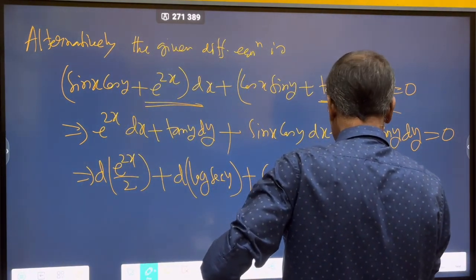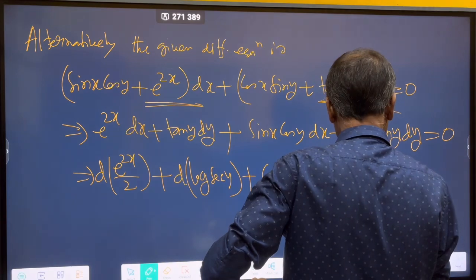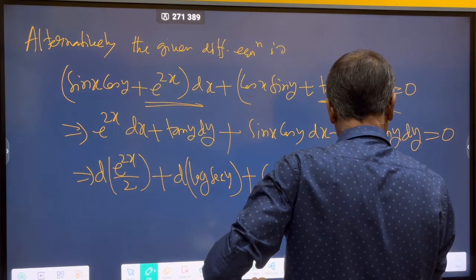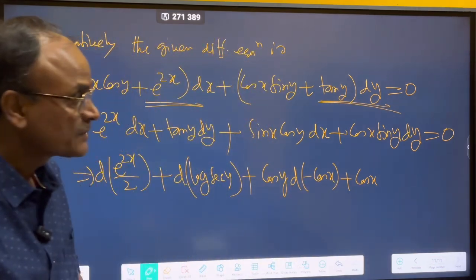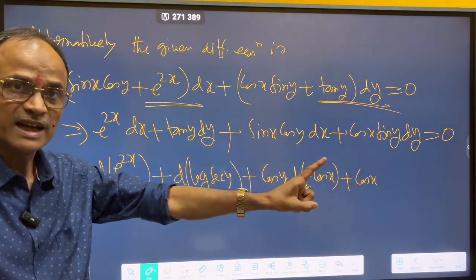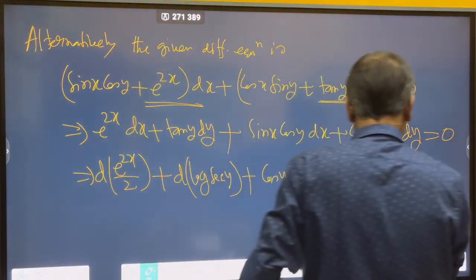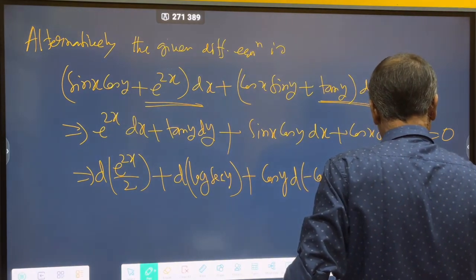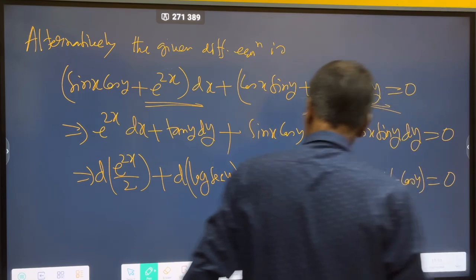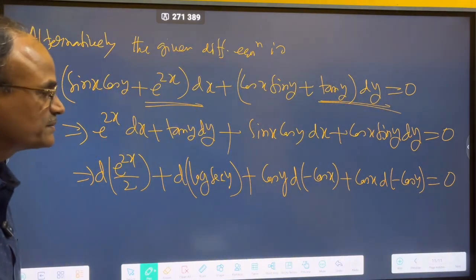Plus cos x sin y dy, d of minus cos y equal to 0. Minus cos y equal to 0.